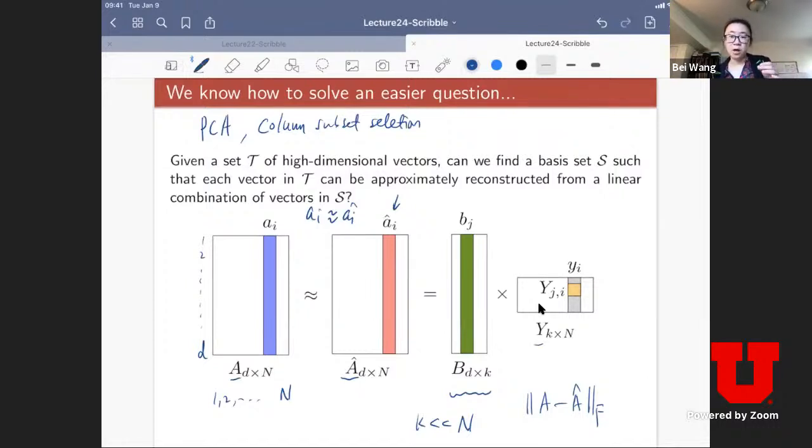Y is what's called a coefficient matrix. What it says is that if I take the columns of B and multiply them with the entries in Y, it tells me how I'm approximating a_i hat as a linear combination of columns in B. Does that make sense so far?